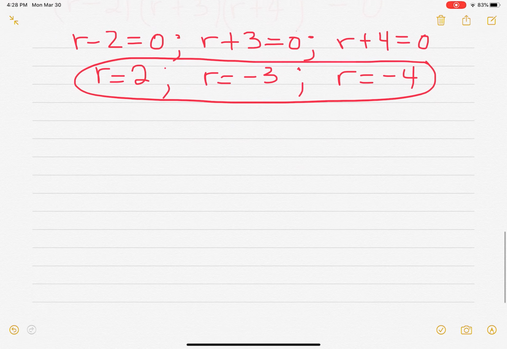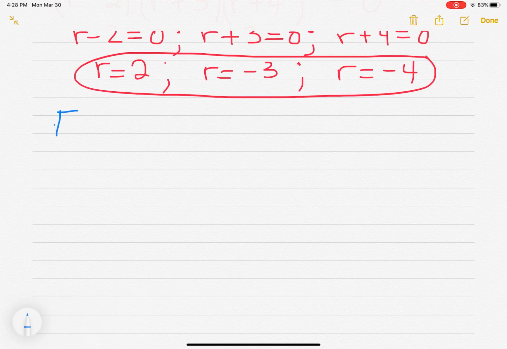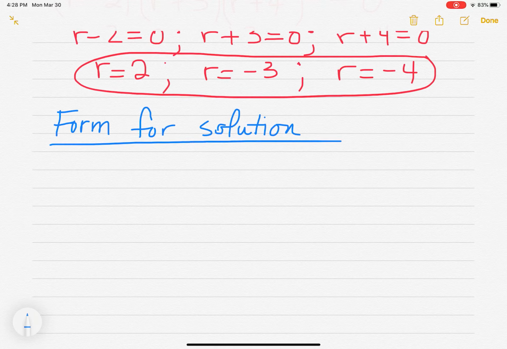So now we want to come up with the form for the solution. When you have a linear homogeneous recurrence relation with distinct roots, remember the form is going to be a sub n. That's going to be your solution sequence, your closed form of your sequence. It's going to be a linear combination of geometrics.